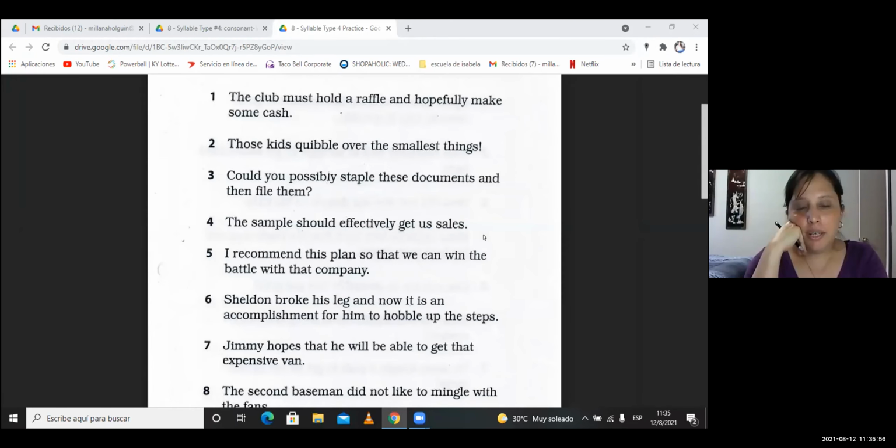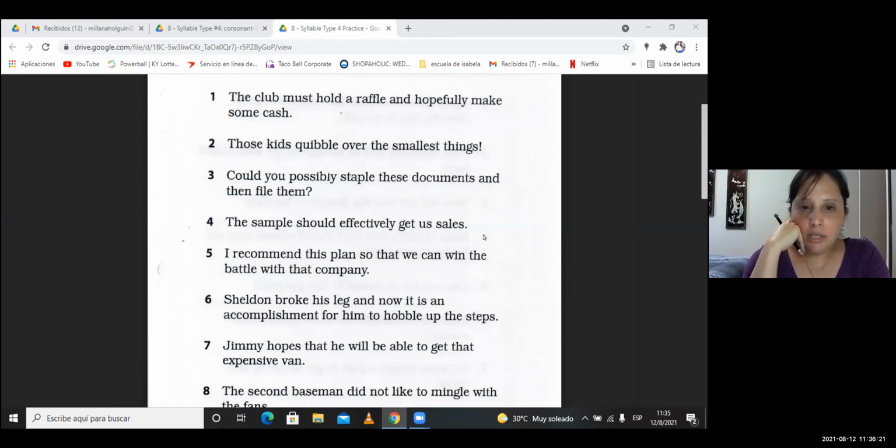No, the final is no LE syllable. Read the first. Because before the A is the vowel I. And the 4, the sample should effectively get us sales.